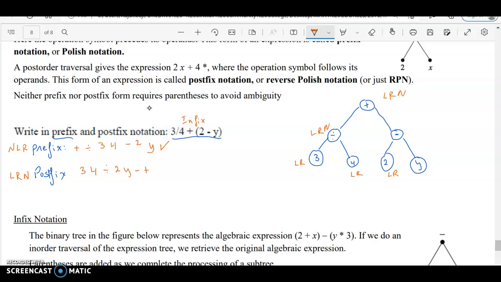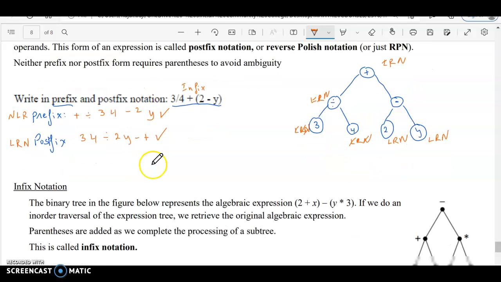You do left, right, copy the node, left, right, copy the node, and so on. So if you follow the steps, go left, and then you copy 3, and then go up, you go right, and then you copy 4, just like seen here, and so on and so forth, and we get this postfix notation.